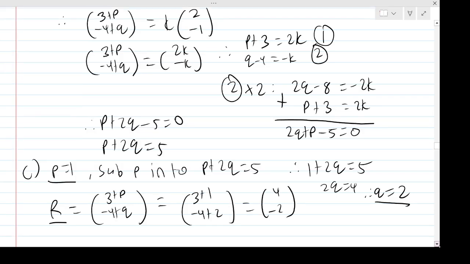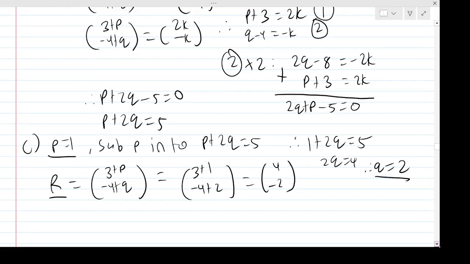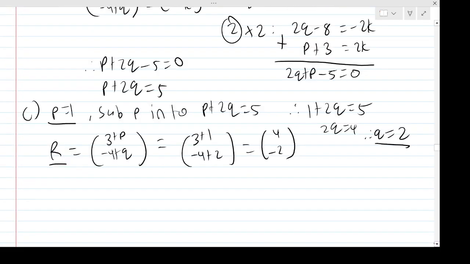And that is my vector R. And then, therefore, the magnitude of R is going to be the x part and the y part all squared together. So it's the square root of the x part, 4 squared, add the y part, or the j part, which will then be minus 2 all squared. If I put that in the calculator, then I get that the magnitude is 2 root 5. Cool.